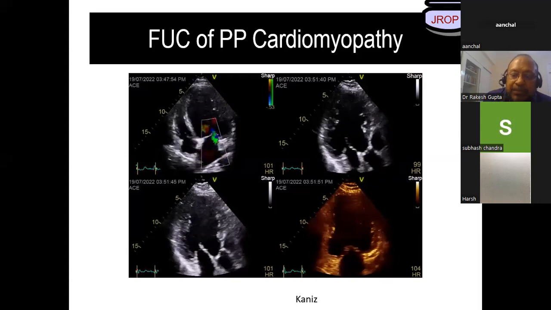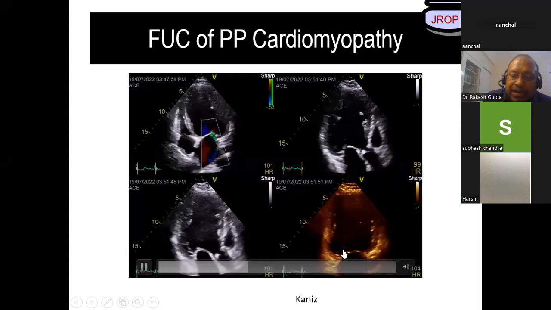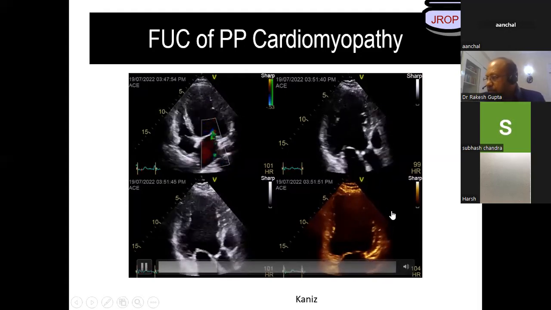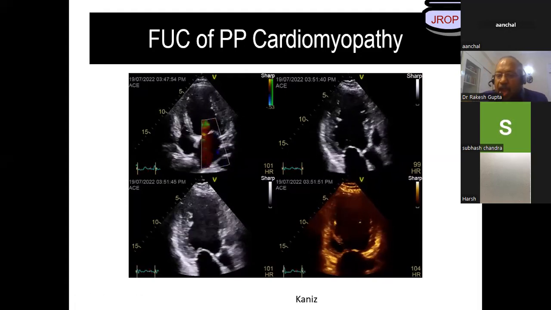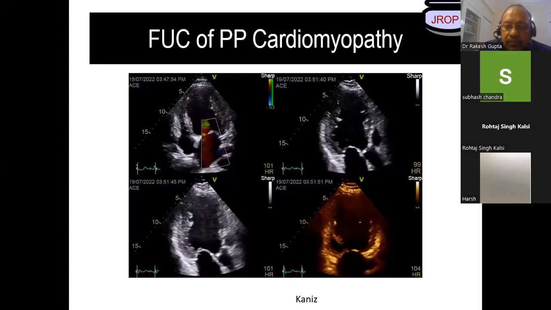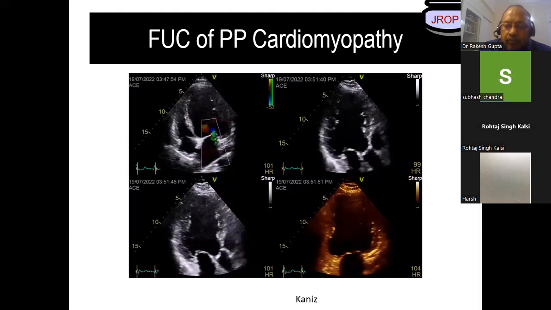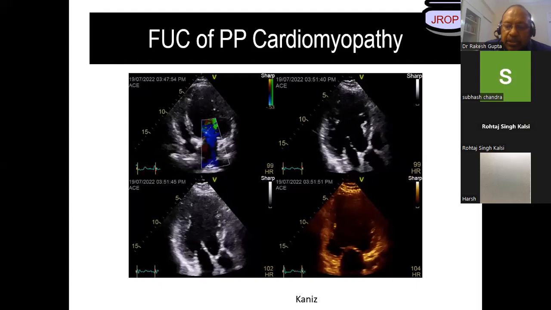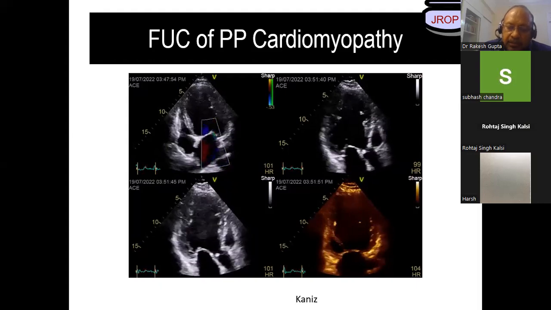Okay, Dr. Subhash, tell me about this view. What is the abnormality in this wall thickening abnormalities? Generalized hypokinesia, more in apical segments. And this is tissue Doppler. This is not tissue Doppler. I'm sorry to say that.